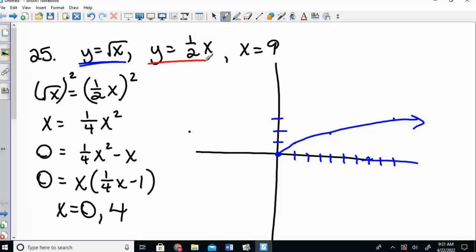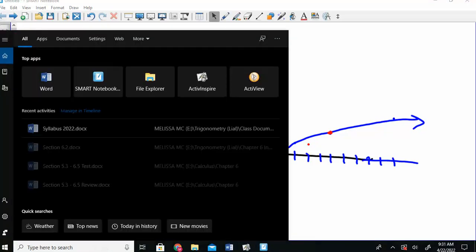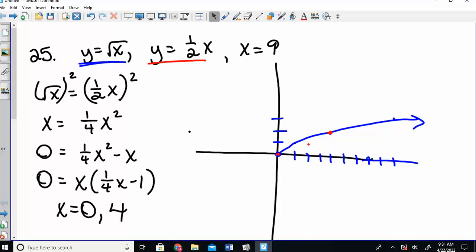Y equals 1/2 x. 1/2 times 0 is 0. 1/2 times 4 is 2. So we know that's where they meet. If I put in a 2, for instance, 1/2 times 2 is 1. If I kept going, if I put in like 6, 1/2 times 6 is 3.